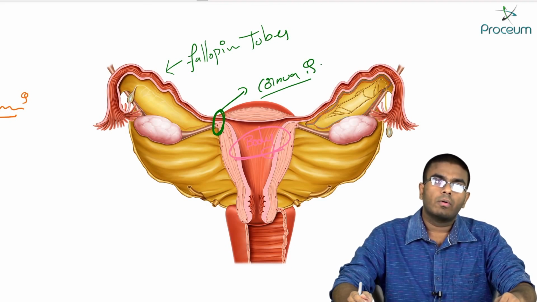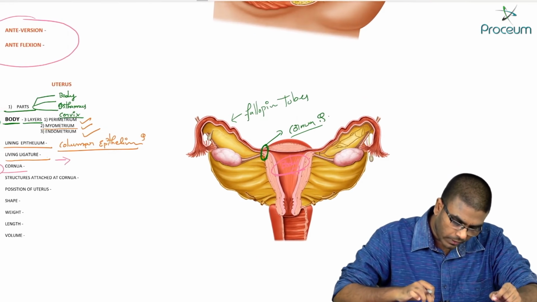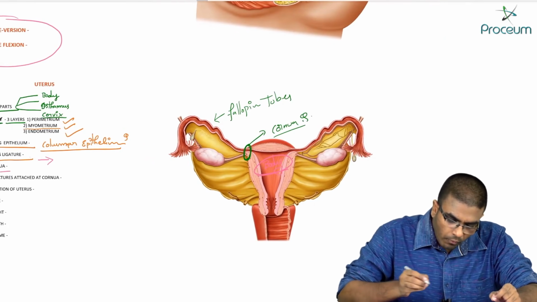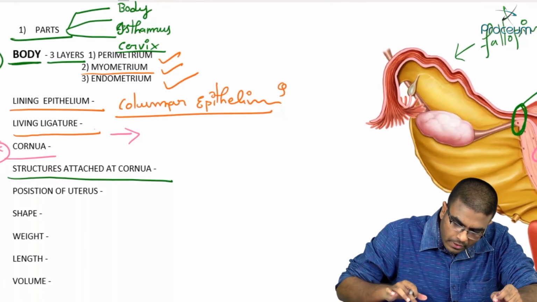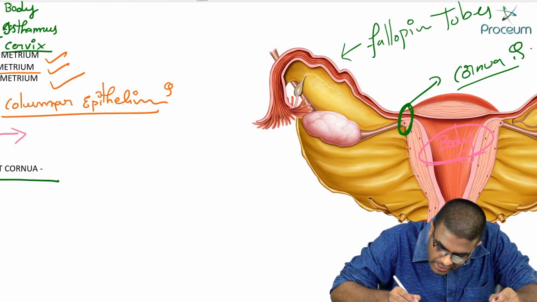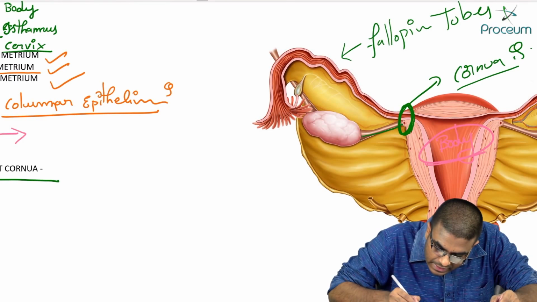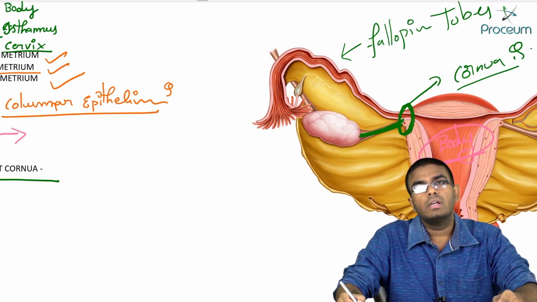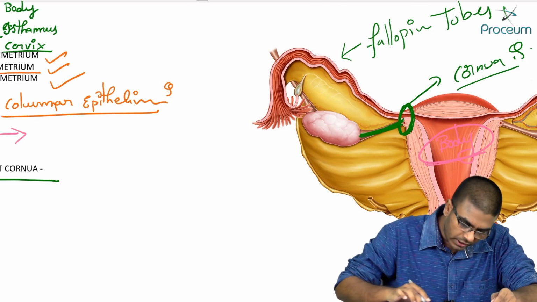Now, what are the important MCQ points we need to keep in mind regarding cornua? What are the structures attached at the cornua? In this diagram, fallopian tubes are attaching at the cornua. This ligamentous structure is also attaching to the cornua, and there is one more structure which comes and attaches to the area of the cornua.